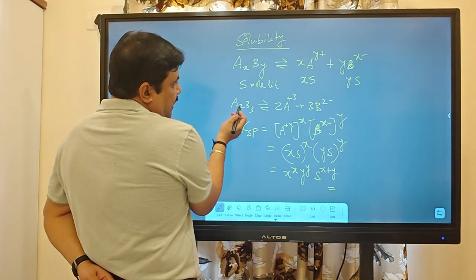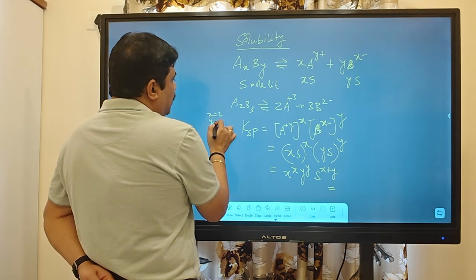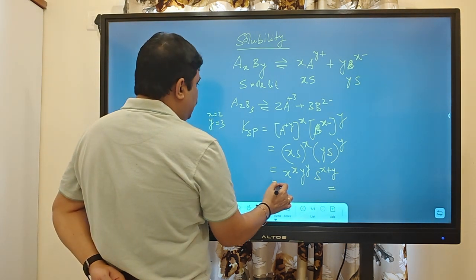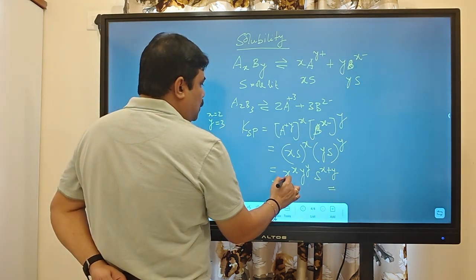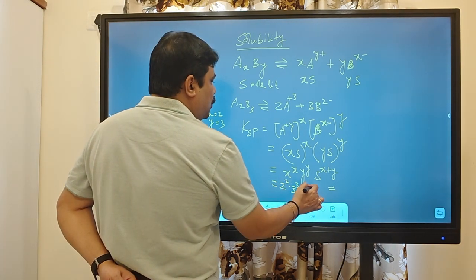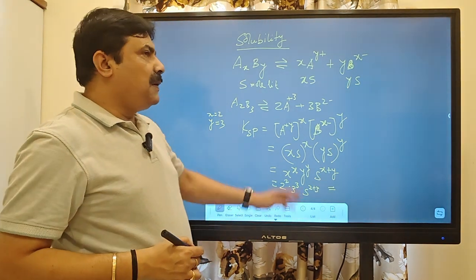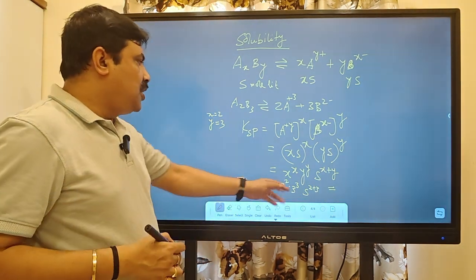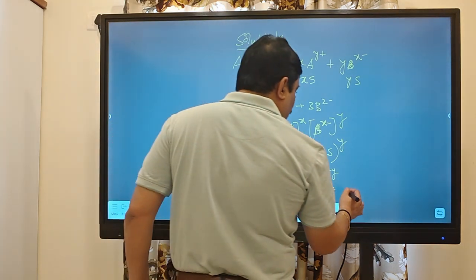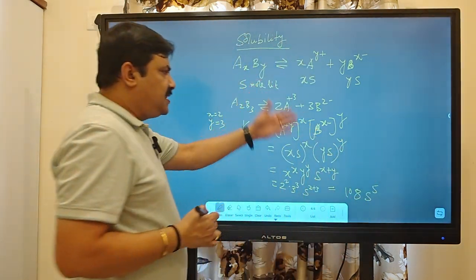If I take x equals 2 and y equals 3, then you will get 2 to the power 2, 3 to the power 3 into S to the power 2 plus 3. So 2 to the power 2 means 4 and 3 to the power 3 means 27. 27 into 4, 108 S to the power 5. So that is the general expression.